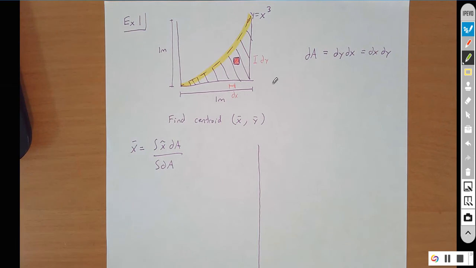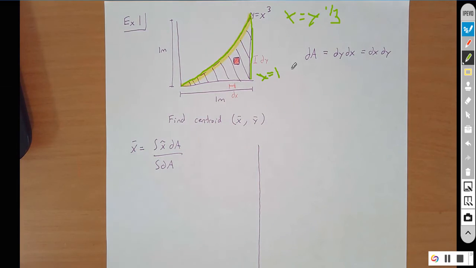The other option, and that would be integrating in the y direction first. If I went in the x direction and I went left to right, I would go from this line, which I would write as x equal to y to the 1/3, so we'd have to rearrange that. And then I would go over here to this line, which is described by x equal to 1. And sorry, I'm using a mouse to do all this drawing.